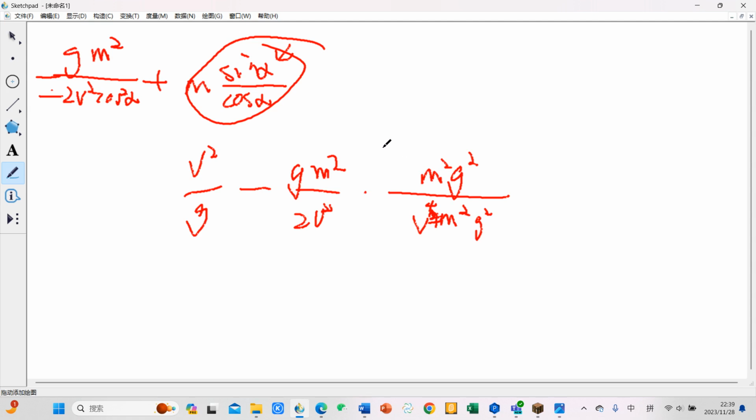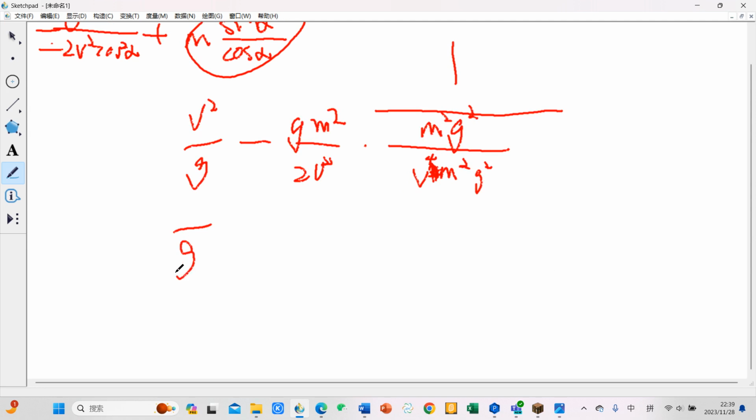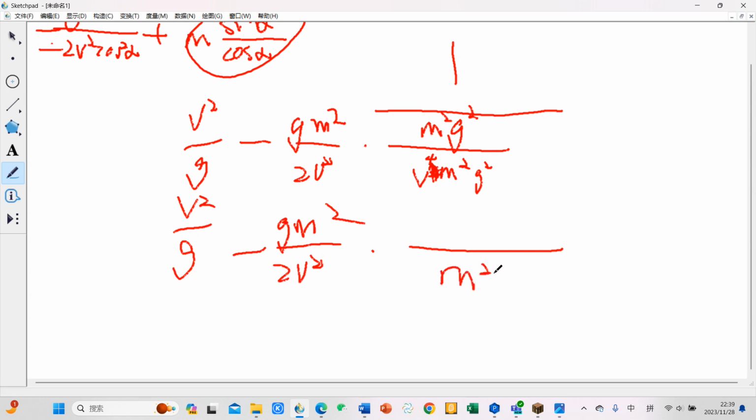So it should be this one, isn't it? Oh, and we need 1 over it. So gv squared minus 2v squared gm squared times what. Oh, this is so good. Like we have these two m squared, they're going to cancel out. 2g2. So these squared do cancel out, and we have 1 here, and so now it's done.